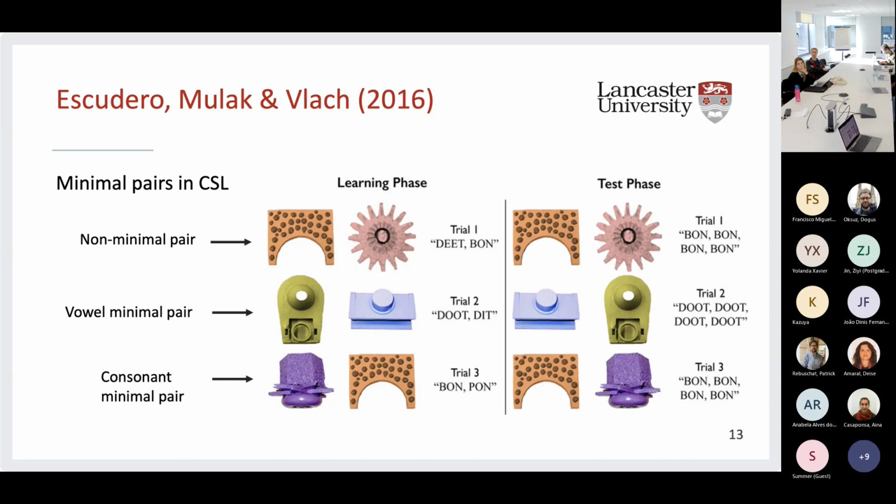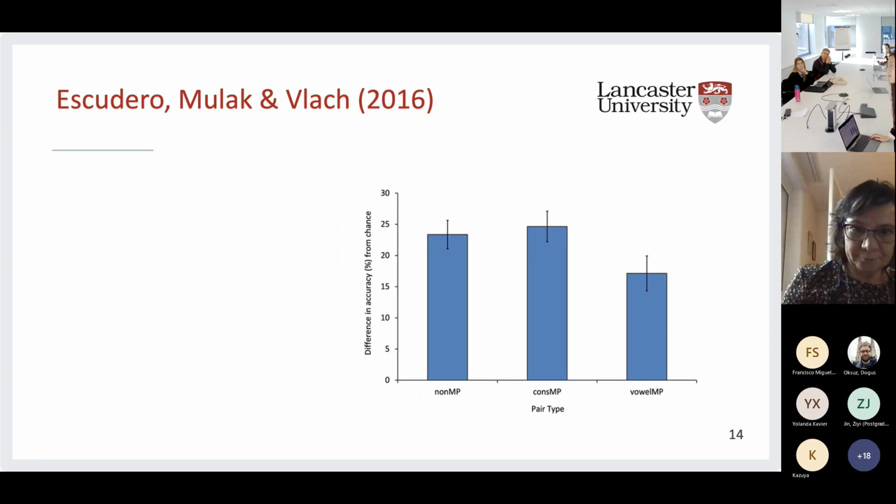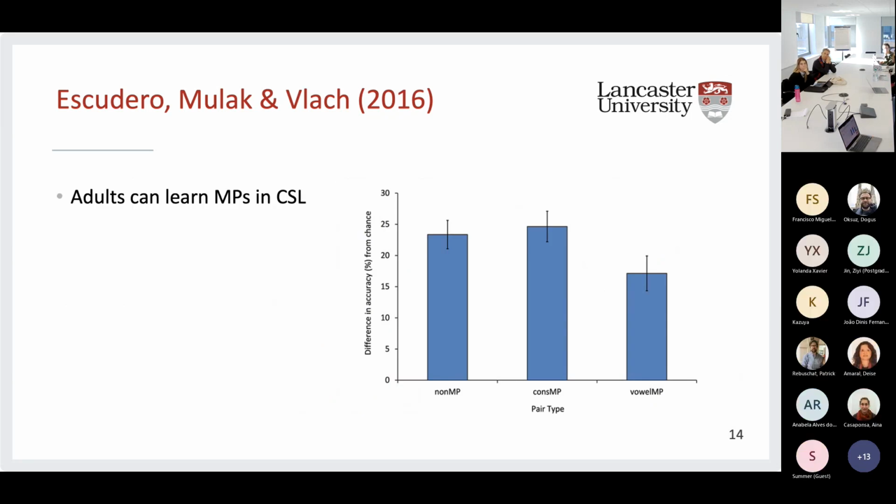So they tested this and they asked participants to choose the correct reference for the words after learning. What they found is adults can learn minimal pairs. So even though words sound very similar, they could still be above chance after learning at identifying the word picture mappings.